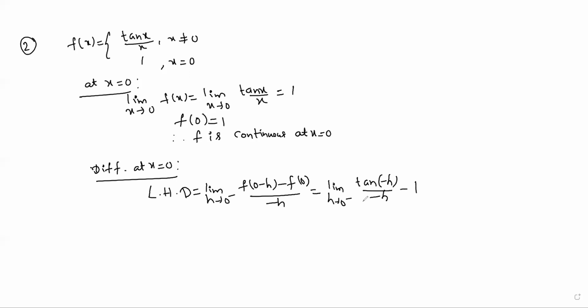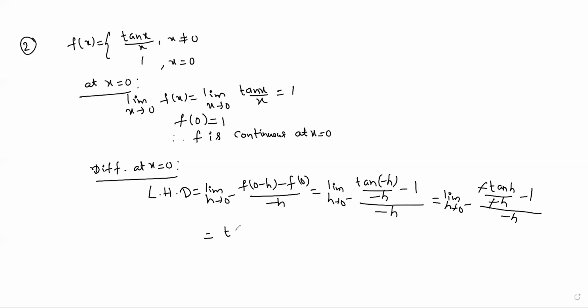At 0 already we know it is 1, by minus h. Now this minus comes to the denominator, minus minus becomes plus. Limit h tends to 0 minus, tan of minus h is minus tan h, by minus h, minus 1, whole divided by minus h. Here minus minus gets cancelled.